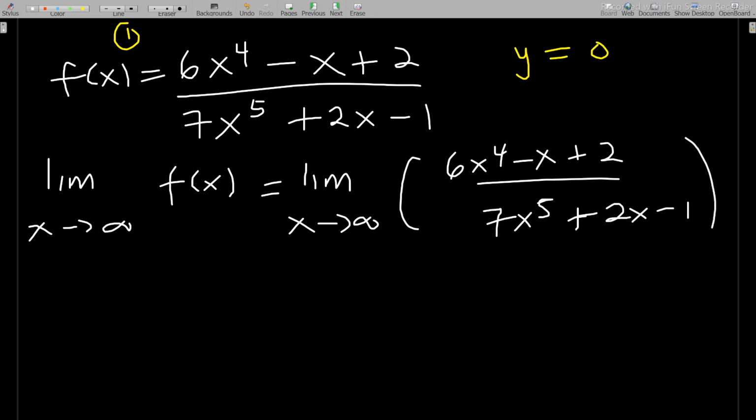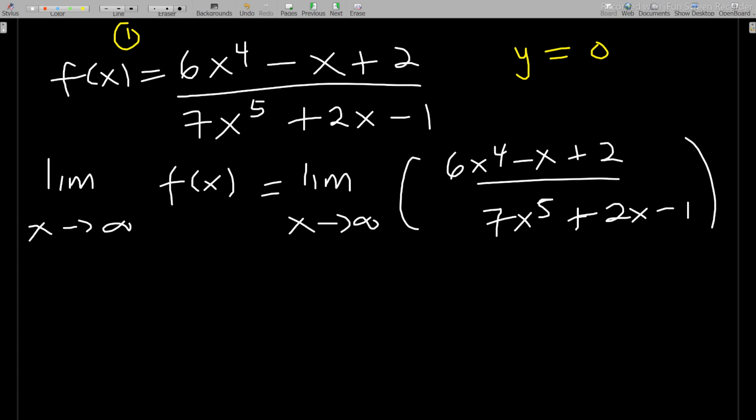For limits to infinity, you find the highest degree polynomial, or the highest power of x in the whole rational function, and the highest degree here is 5, so it's x to the power 5. So you divide every term of both the denominator and numerator by x to the power 5.